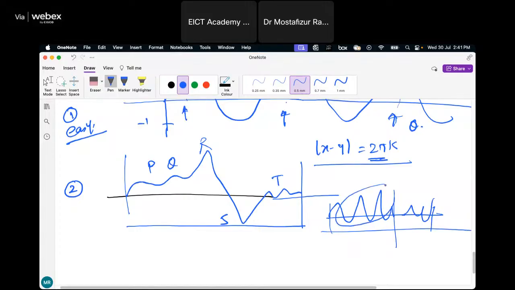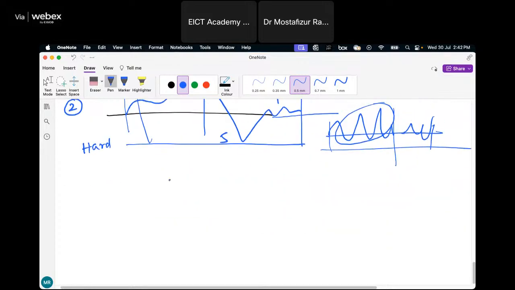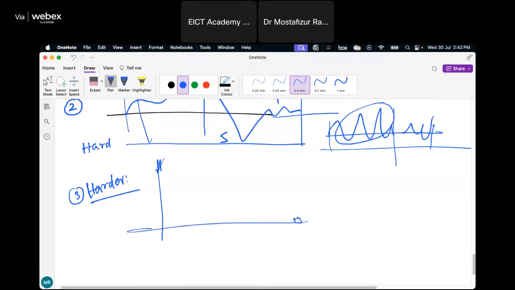Now, region to region, whether this PQR part is repeated over time in a similar flow or not, whether it is truly periodic or quasi-periodic, it's a bit hard problem. Okay, and it can be harder as well, right? Suppose I draw this picture and you can see this.